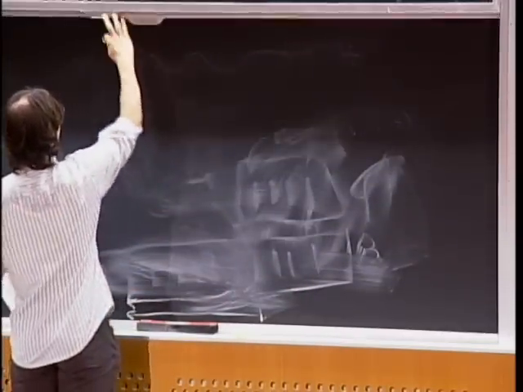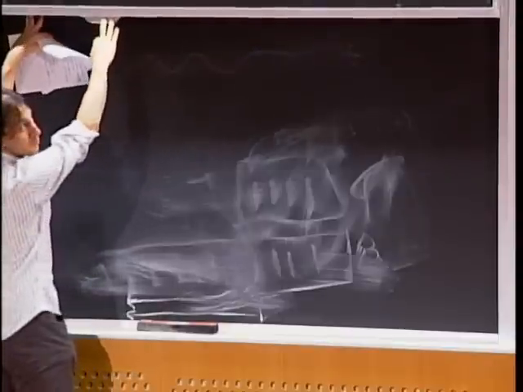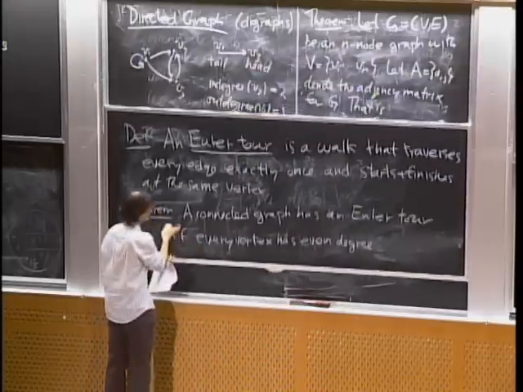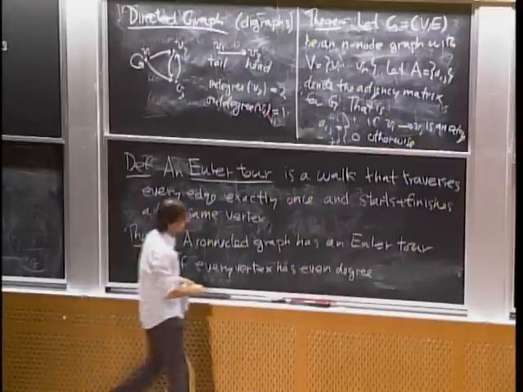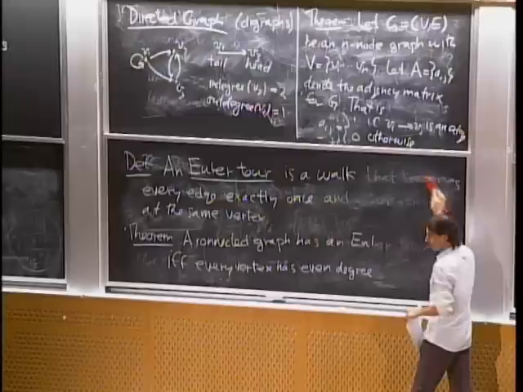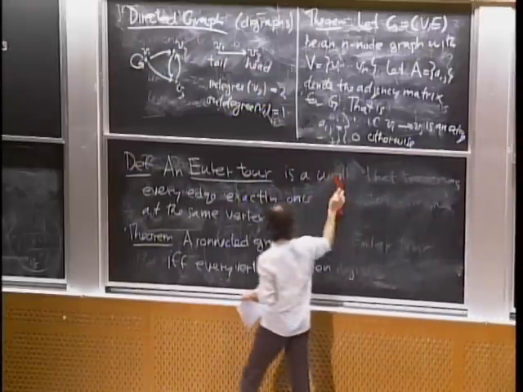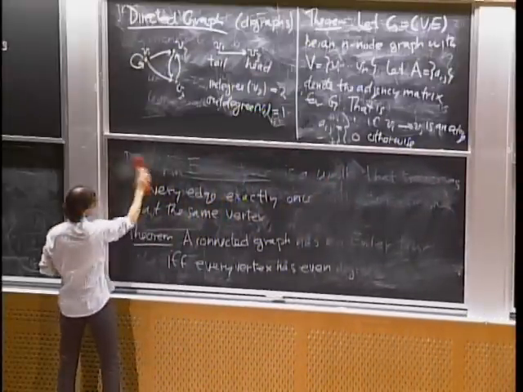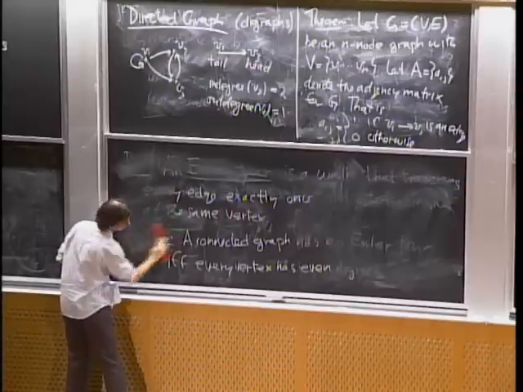And now we can state something about the number of walks, directed walks, in a directed graph. It turns out that this is easily computed by taking powers of the adjacency matrix.